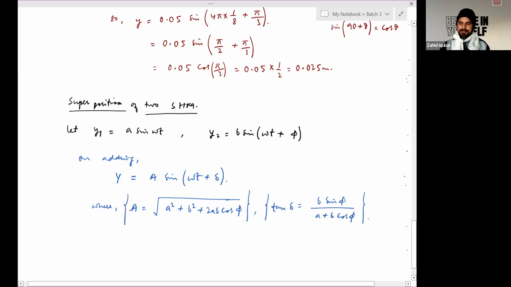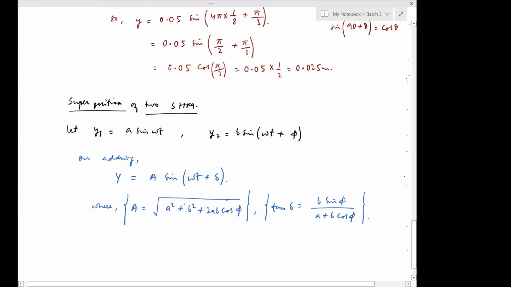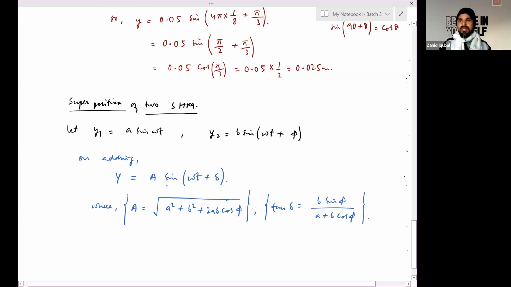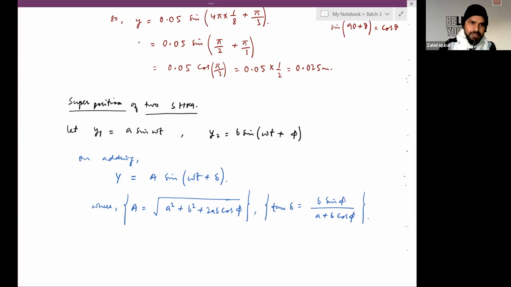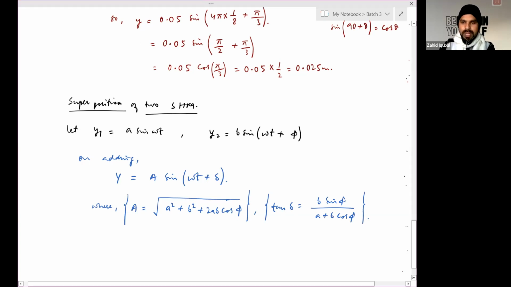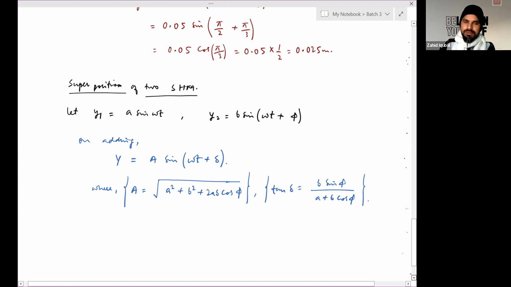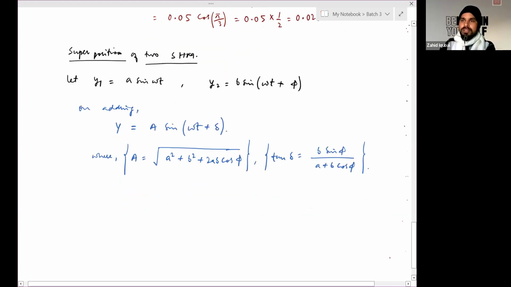Reba, is it clear? Yeah. We will prove this particular statement in the next chapter. Okay. So up to this part, just remember this particular expression. So you will say superposition or adding of any two SHMs will also be an SHM. Only there will be a change in its amplitude and phase. Its time period will remain the same.